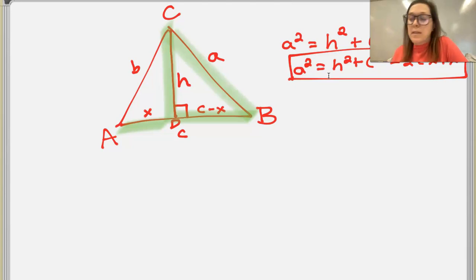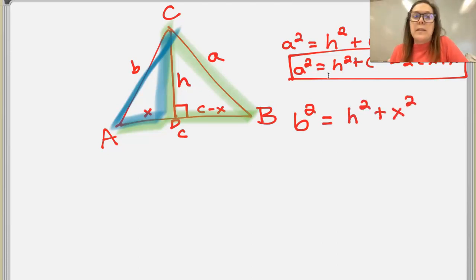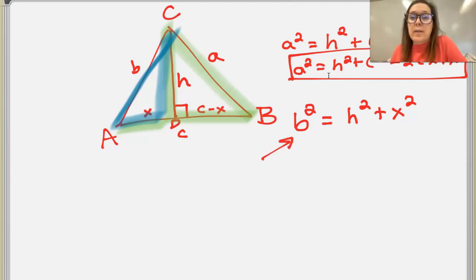Now I'm going to do the Pythagorean theorem on the triangle on the left, which I'm going to highlight in blue. So the Pythagorean theorem there would get me b squared is equal to h squared plus x squared. Okay, so now in both of these expressions, I have my made up x values. If I solve this equation for h squared, I would get b squared minus x squared is equal to h squared.